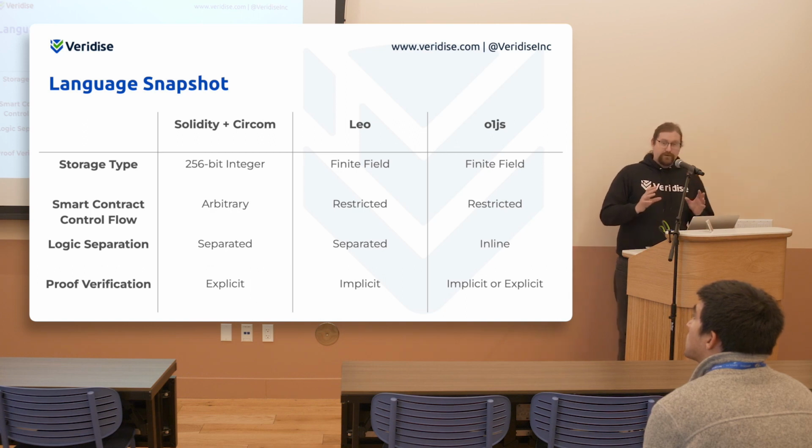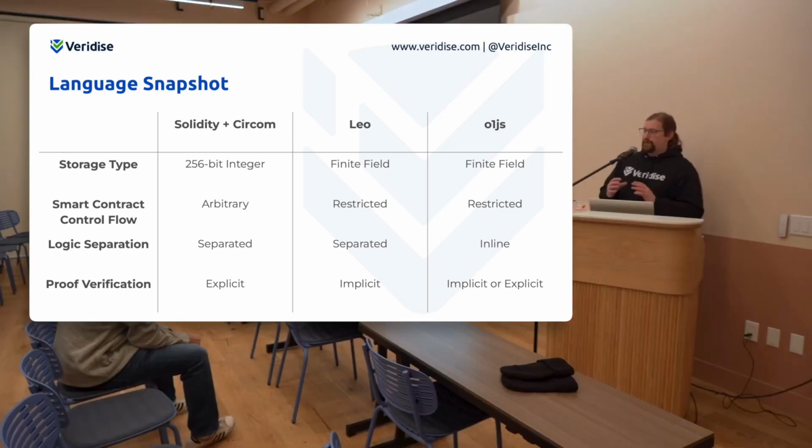The logic between the smart contract and the zk circuit is separated, which means that you're not writing a single program and then compiling it down, and that will execute on the zk circuit and the smart contract. In Aleo, you have this differentiation between the circuit logic, which goes into the transition function, and the smart contract logic, which goes into a finalize function. And we'll look at that in a little bit.